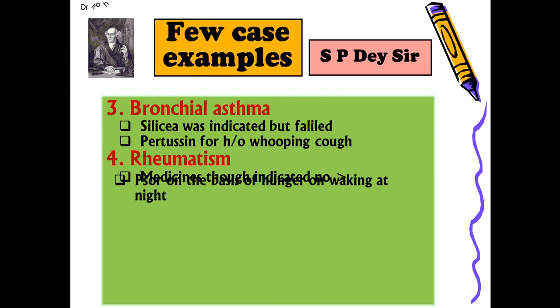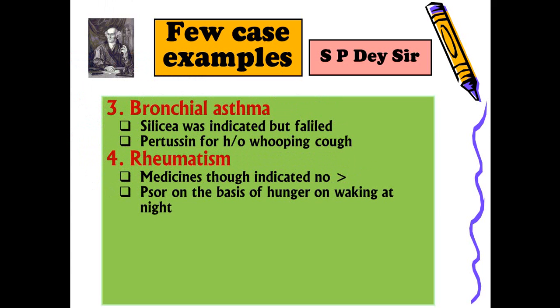Rheumatism: medicines, though indicated, gave no relief. Solanum was given on the basis of hunger on waking at night, a prominent symptom. The patient would get up in the night and go and eat. That is a regular feature. So rheumatism did respond to Solanum on the basis of this symptom.